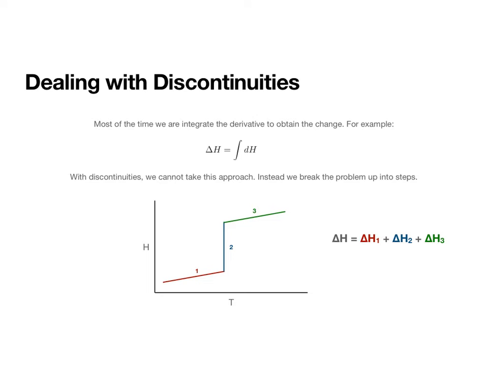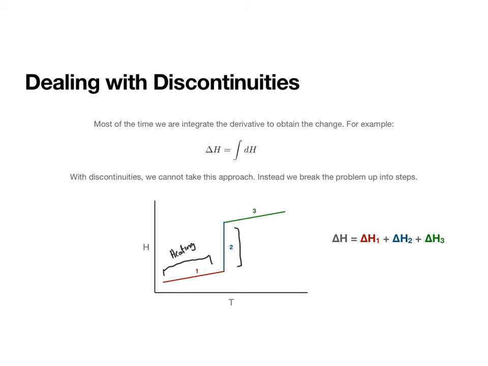So most of the time, we have a continuous variable, and so we can integrate the derivative in order to obtain the change. And so we've done this many times where we say that delta H is equal to the integral of dH. But with discontinuities, we can't take this approach. Instead, we have to break the problem up into steps. And so, for example, we can go through phase 1 as a heating step.